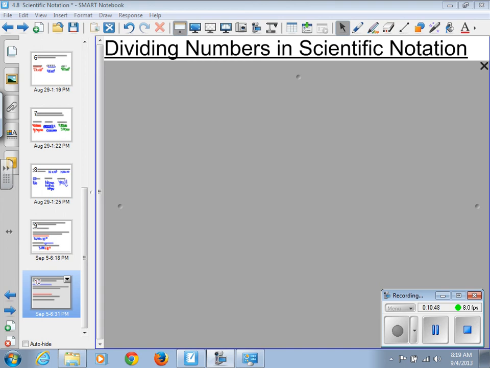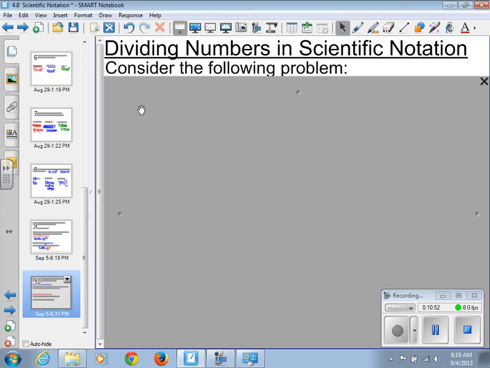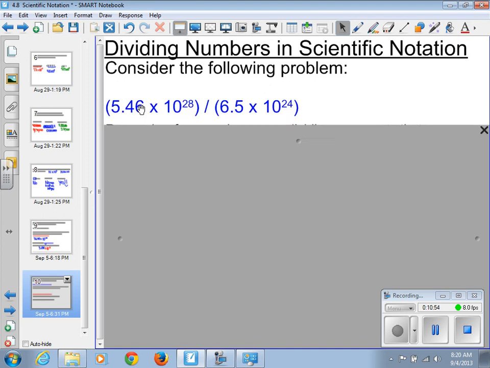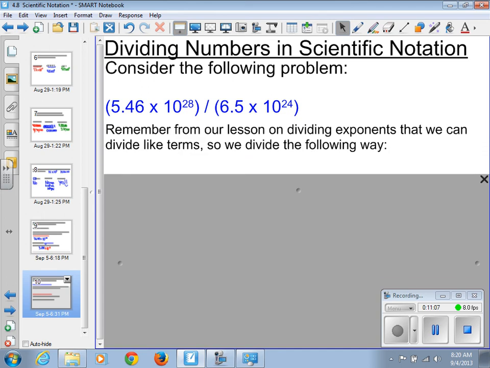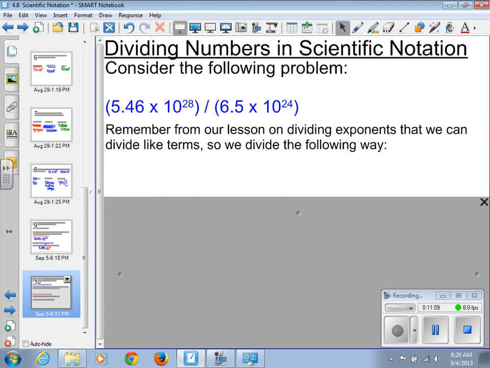We will end the lesson by dividing numbers in scientific notation. We have this problem: 5 and 46 hundredths times 10 to the 28th power divided by 6 and 5 tenths times 10 to the 24th power. If you recall from our lesson 4.7, we can divide out like terms.